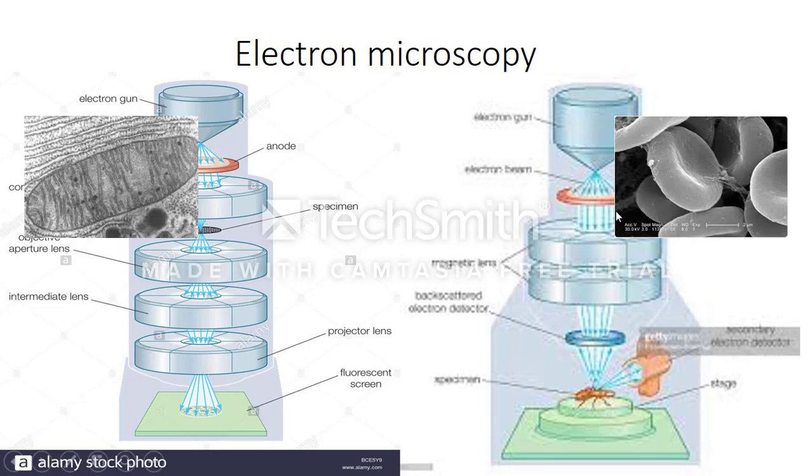Now if we want to see a specific protein with SEM, we can take a primary antibody to a protein of interest, and we can link it to a gold particle that does not allow electrons to pass through. So this antibody comes in and it's attached to a gold particle, and this antibody then attaches to the protein of interest.